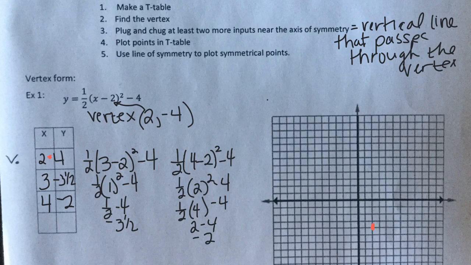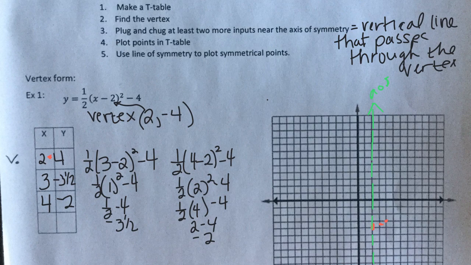And then my axis of symmetry is going to be the vertical line that passes through that vertex. So this green is my axis of symmetry. We like to abbreviate AOS. And then at 3, we're at -3.5. And at 4, we're at -2.